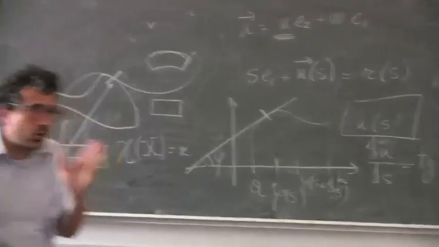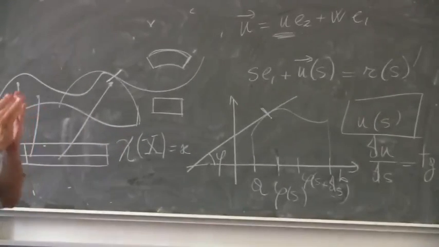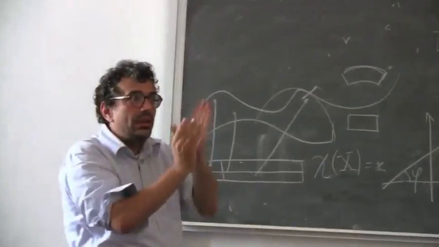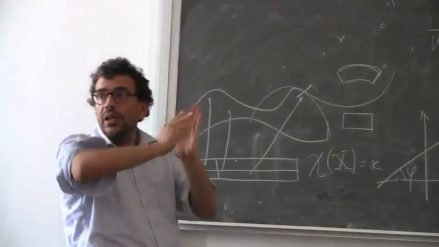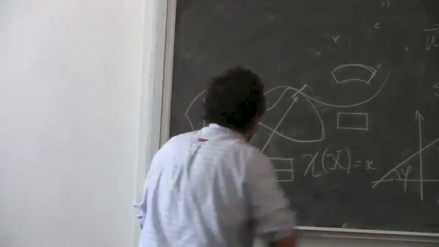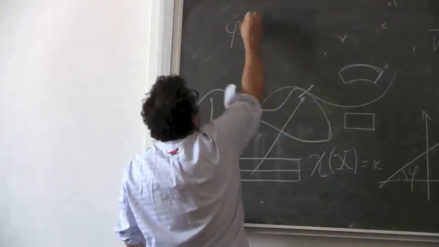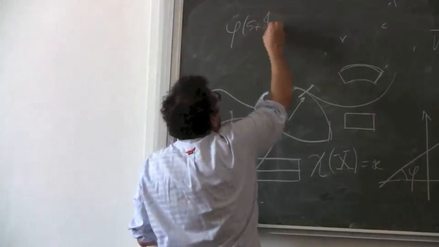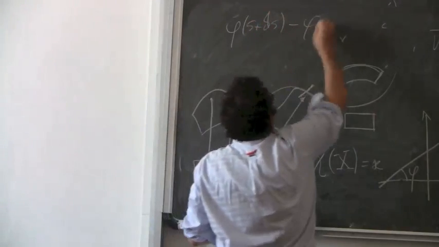So two close sections, and I consider the rotation of each of these two sections. Then I calculate phi of s plus ds minus phi of s.